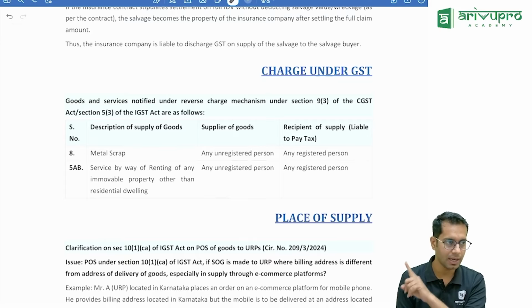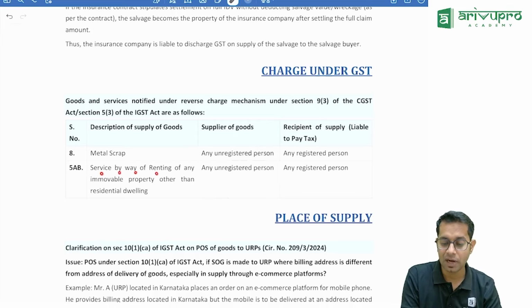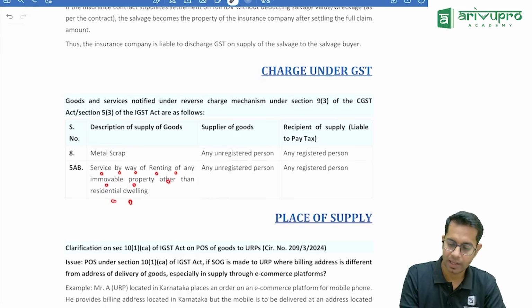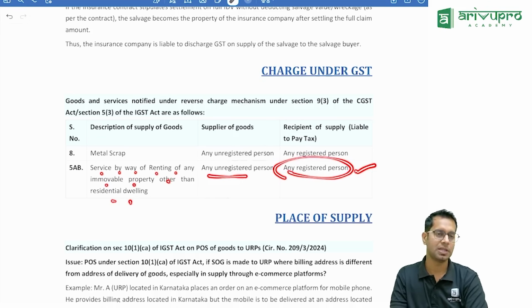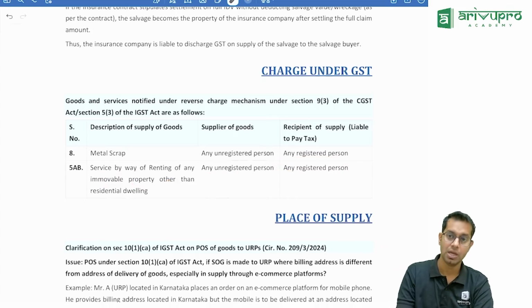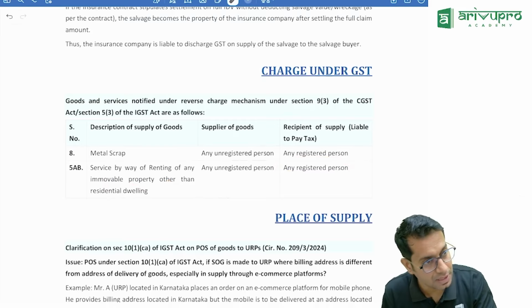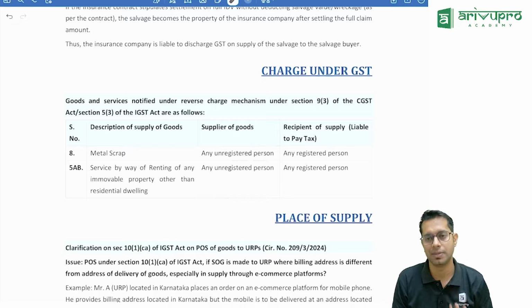That we have studied, correct? Now this is not that point. This says services by way of renting of any immovable property other than residential dwelling by an unregistered person to a registered person. The registered person has to pay the taxes under reverse charge. If you are renting a residential dwelling, then also RCM is applicable. But if you are renting anything other than a residential dwelling, RCM is also applicable.